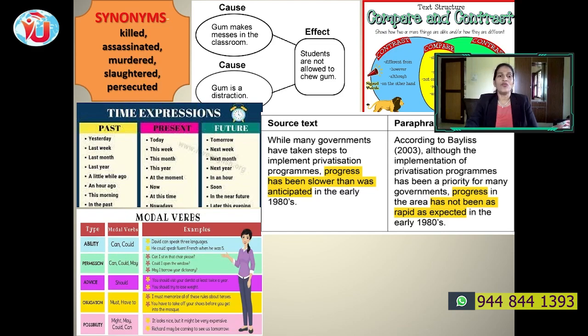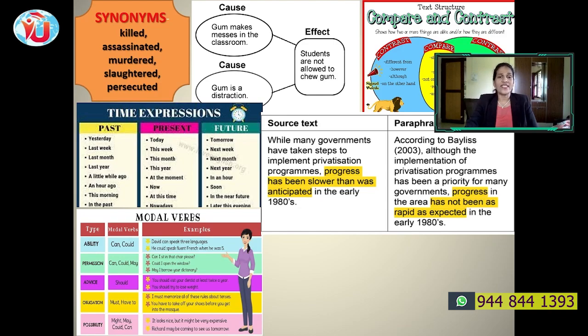Then we have modal verbs. I remember I got training under the guidance of Father Saleen Joseph, and I watched his videos where he talks about modal verbs and gives plenty of examples. But it was like I was in a different world where I was not able to understand what modal verbs are.